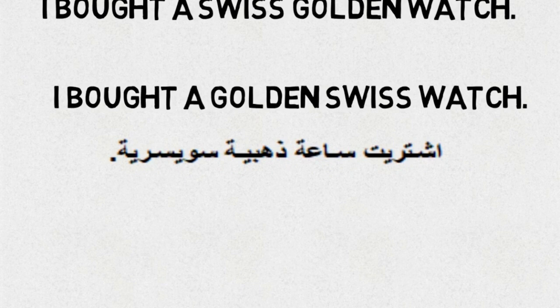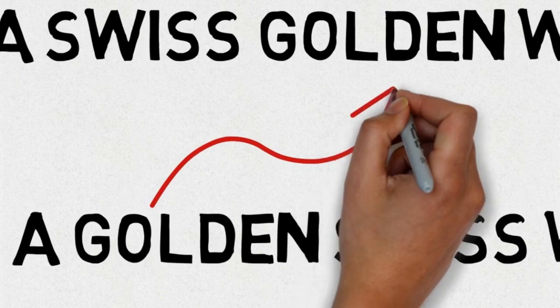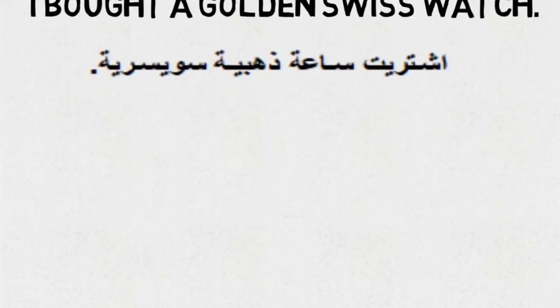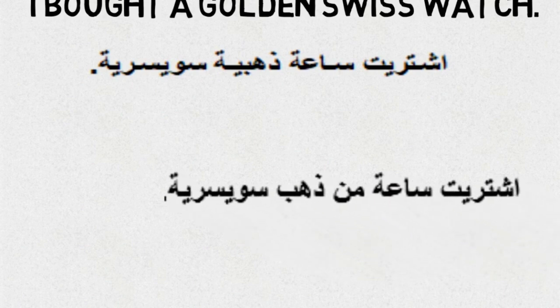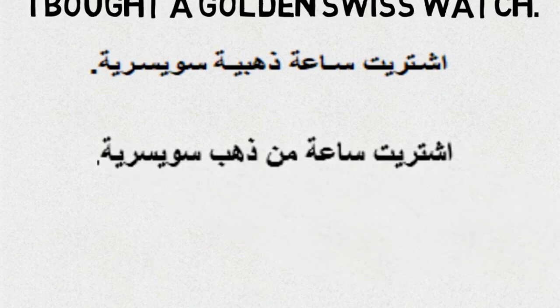The position of golden after Swiss in English denotes an adjective of material, but the word ذهبية in Arabic can denote a material or color. This ambiguity can be worked out if we follow the classical Arabic style in adjective formation. اشتريت ساعة من ذهب سويسرية.